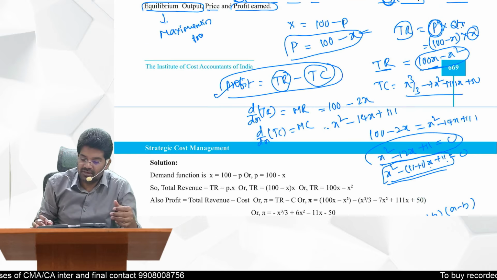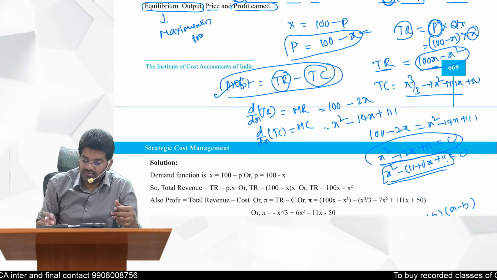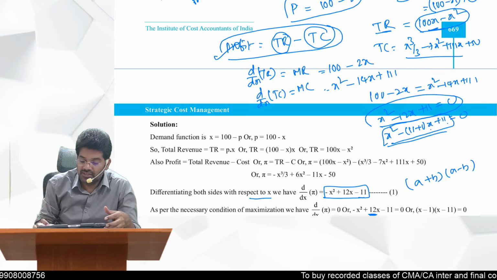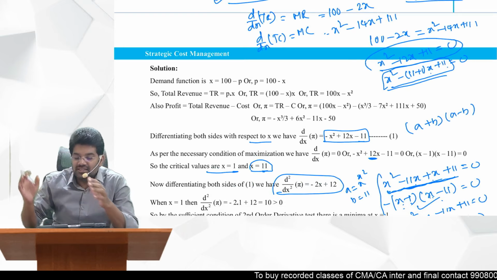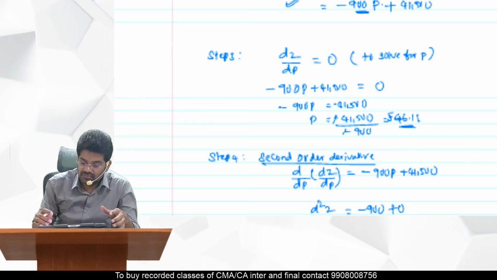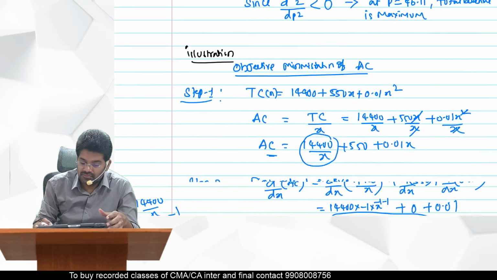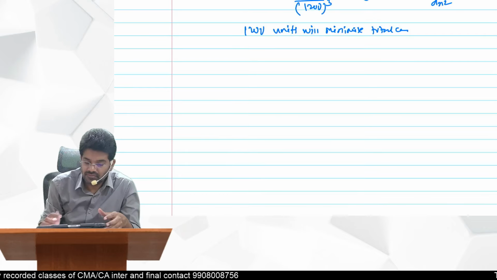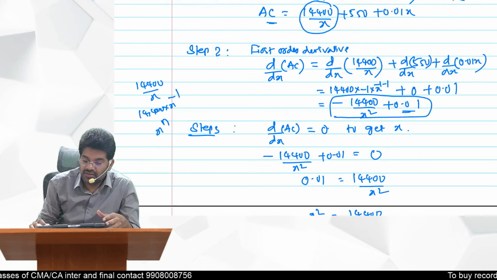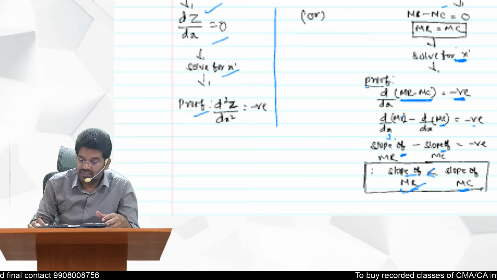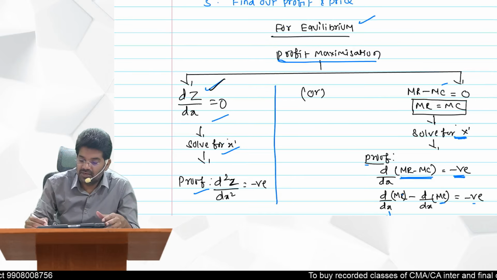Continuing with our example. I hope everyone understood here. I have done MR and MC instead of total profit. These steps I have applied. What are the steps? Instead of applying this, I have applied this.